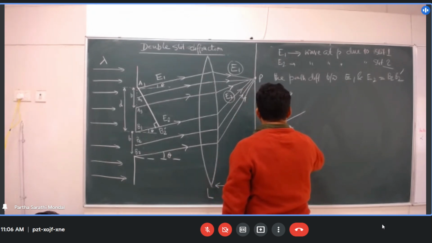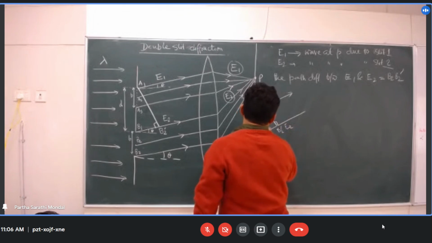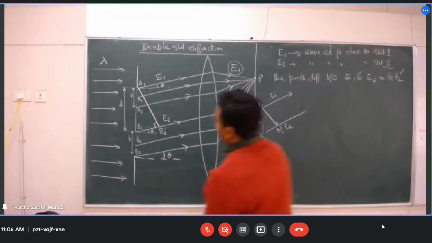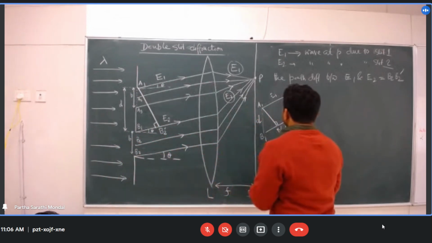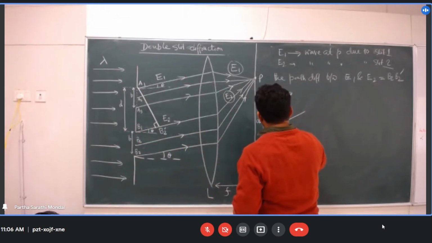This is B2 dot and now this is what? This is D. ये लेंथ D है. ठीक है, ये D है. So now this is perpendicular, this is hypotenuse.